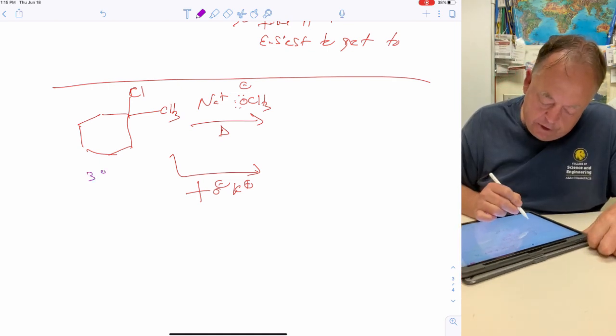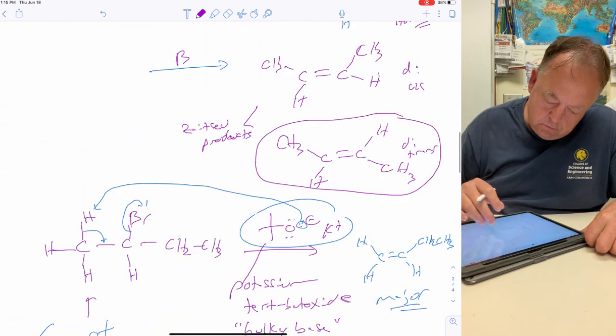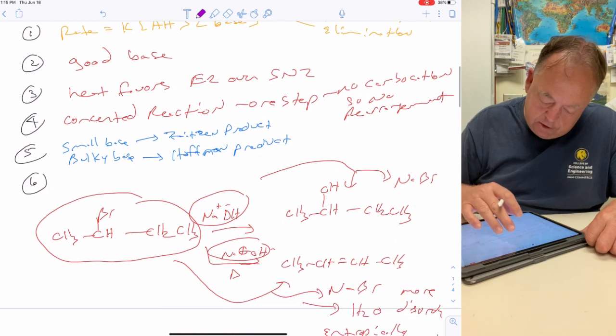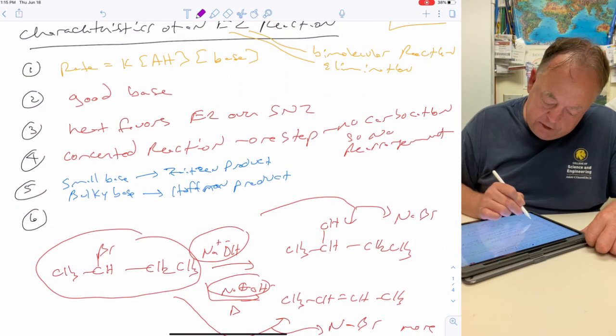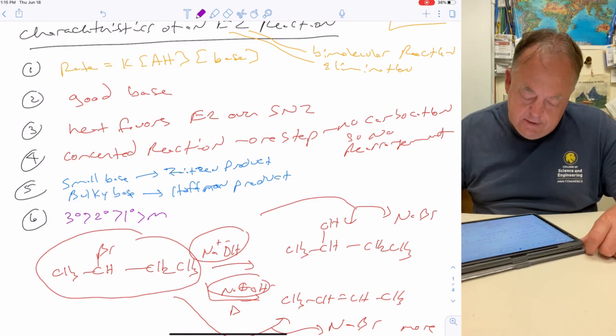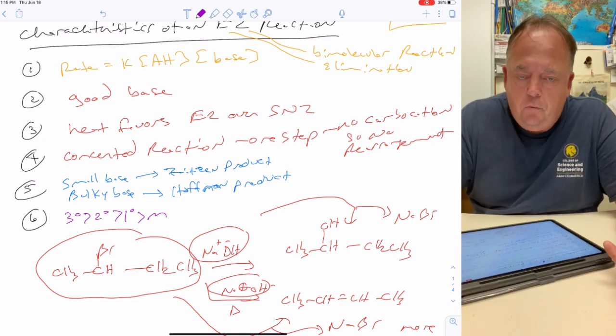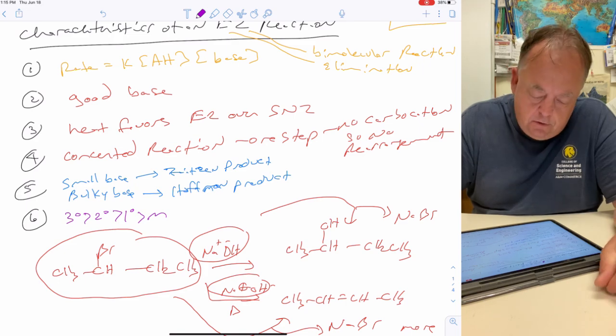So this is a tertiary alkyl halide, so that eliminates SN2. SN1, E1, E2 is okay. There we go. So that's another characteristic of an E2 reaction, is that tertiary is better than secondary, better than primary, better than methyl. So that's the same as SN1 and E1. So the only one that likes methyl first is SN2.